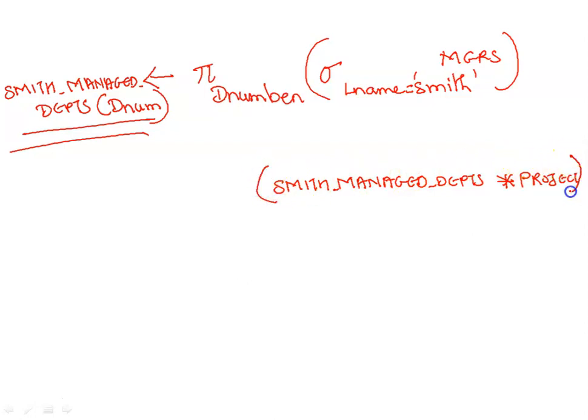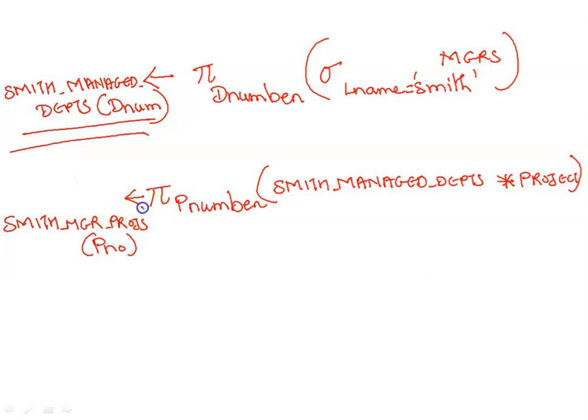Now I will apply a project operation and pick up the P number and store it into a new relation called Smith manager projects, and I will rename the attribute as PNO, that is project number. So this table has project numbers handled by Smith as a manager. Now we are almost done.